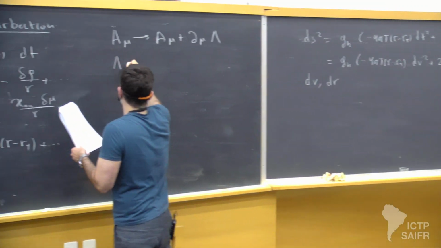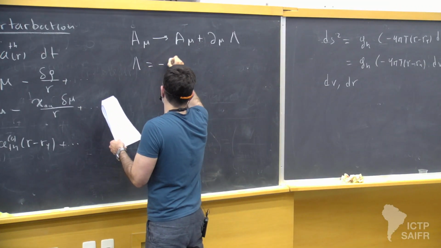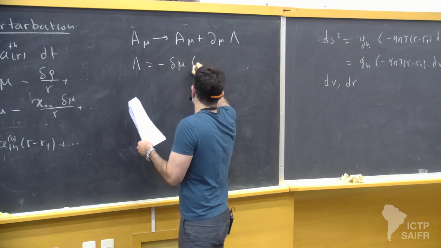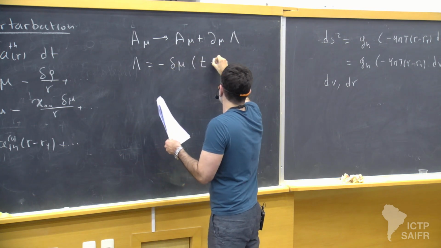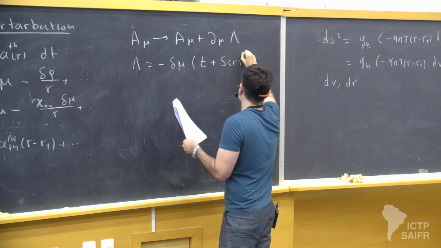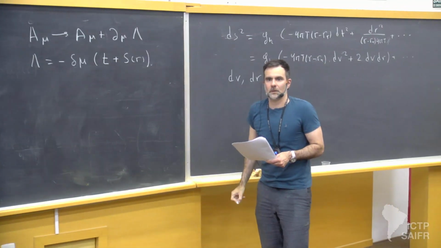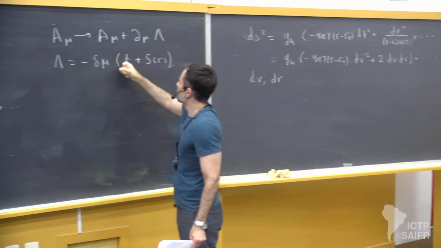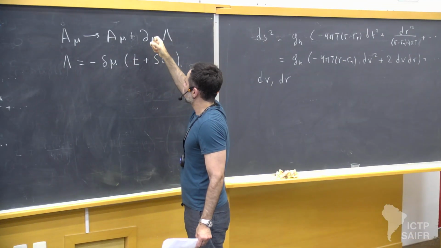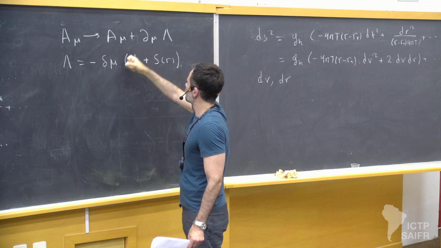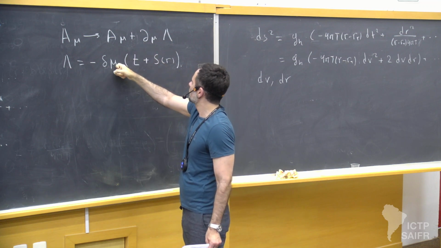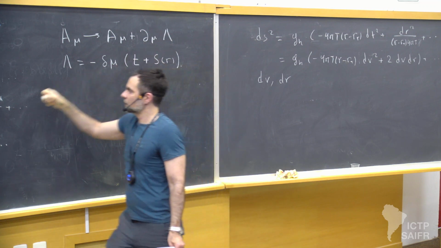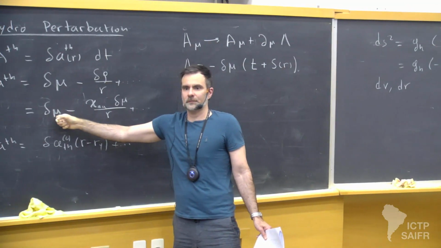And lambda, I'm choosing it to be minus delta mu times t plus s of r. Why am I doing this? You see that this is going to shift the time component by minus delta mu, so that is going to kill this term.